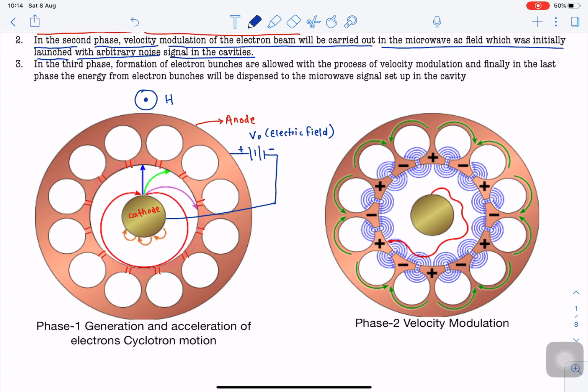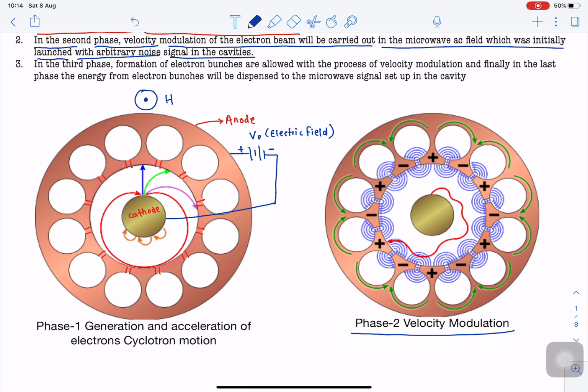Okay, so the velocity modulation process will start in the second step. Please remember, we are not explicitly applying an external microwave signal to cause velocity modulation of the released electrons, but rather in the cylindrical cavity itself, the noise signal is going to trigger the velocity modulation.